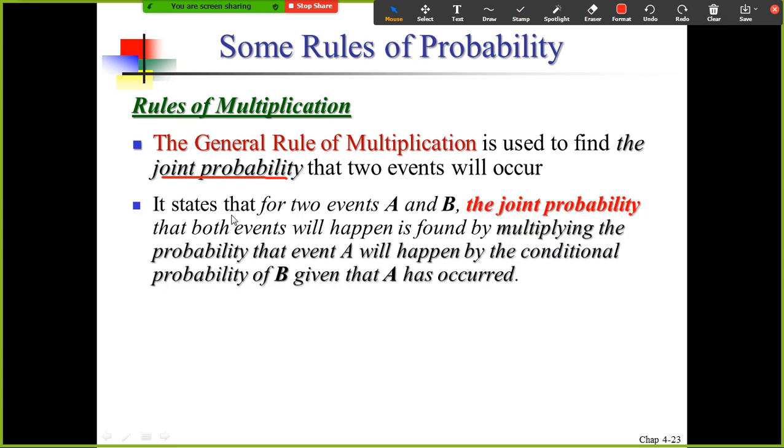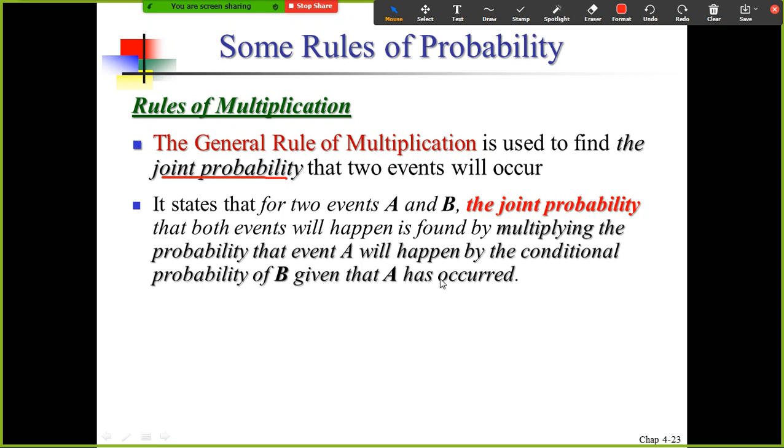It states that for two events A and B, the joint probability that both events will happen is found by multiplying the probability that event A will happen by the conditional probability of B given that event A has occurred.